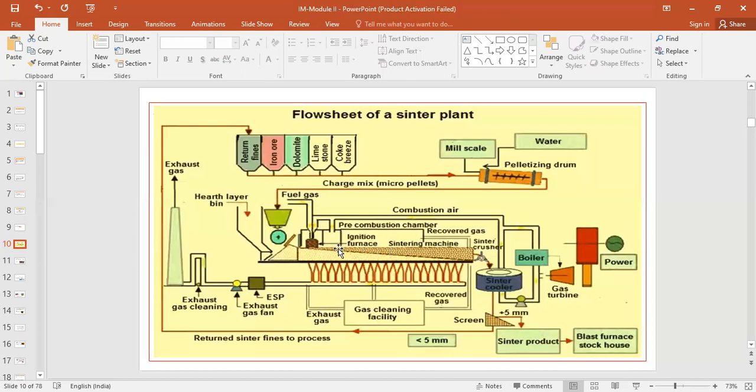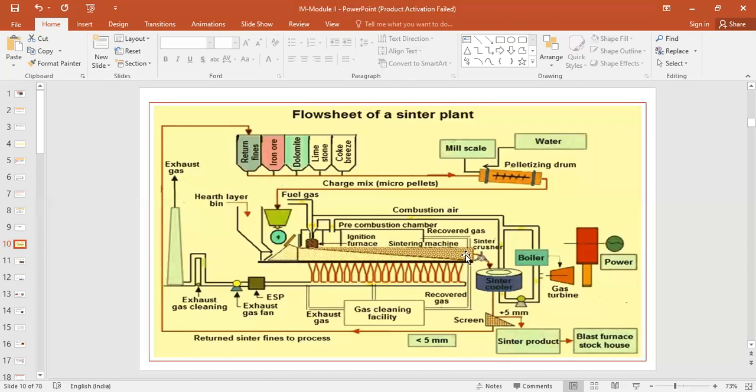Initially, the highest temperature is at the top surface, and as the bed is moving from the ignition hood towards the end of the sinter bed, the ignition layer keeps on moving layer by layer. Finally, once the bed has moved to the other end of the sintering machine, the top temperature reaches the bottommost part, which we call the burn through point.